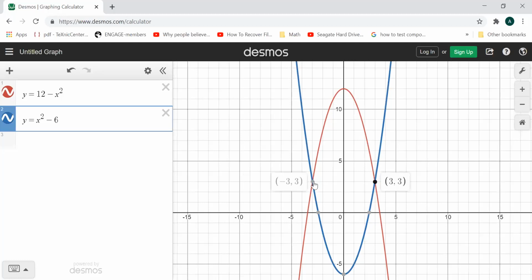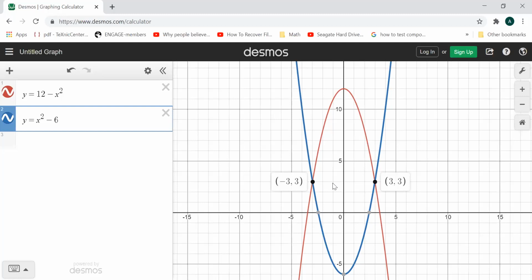You can see that the leftmost point, the left corner, is negative 3, 3, and the right corner is 3, 3. So this is the way we set up the integral. Negative 3 and 3 are going to be the bounds for my integral.